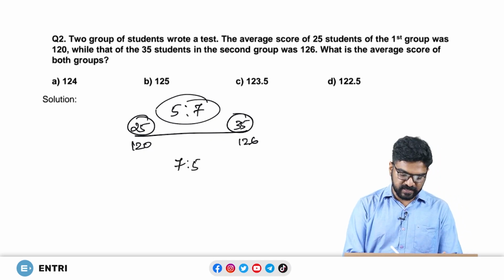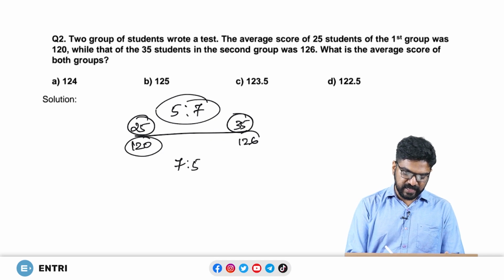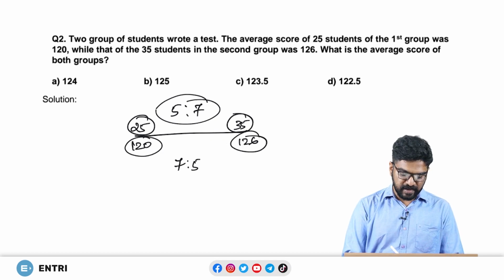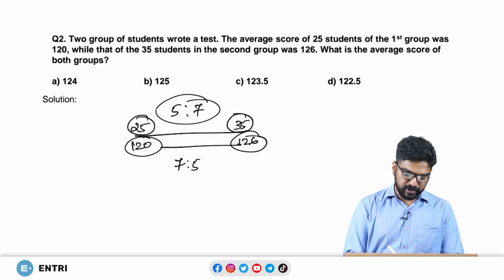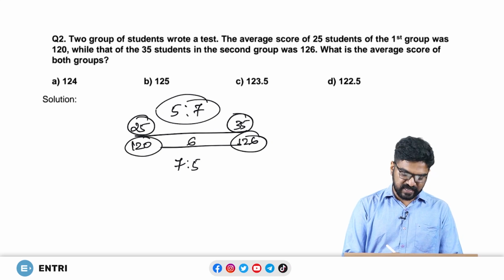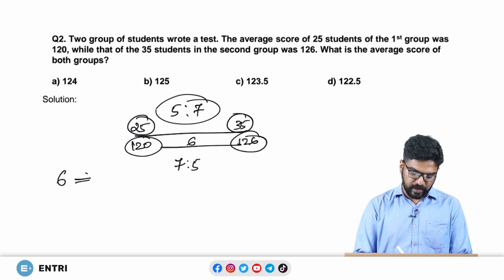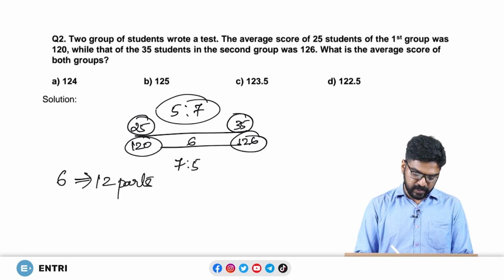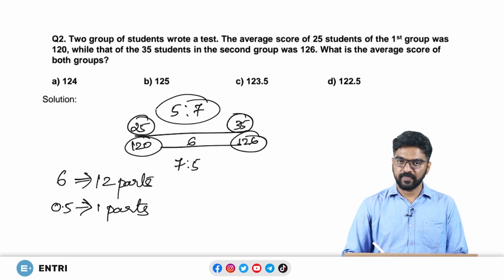Now the third step is you take the difference between the averages of these two groups, which is equal to 6. Now this 6 has to be divided into how many equal parts? 12 parts. So what is one part equal to? One part will be equal to 0.5.